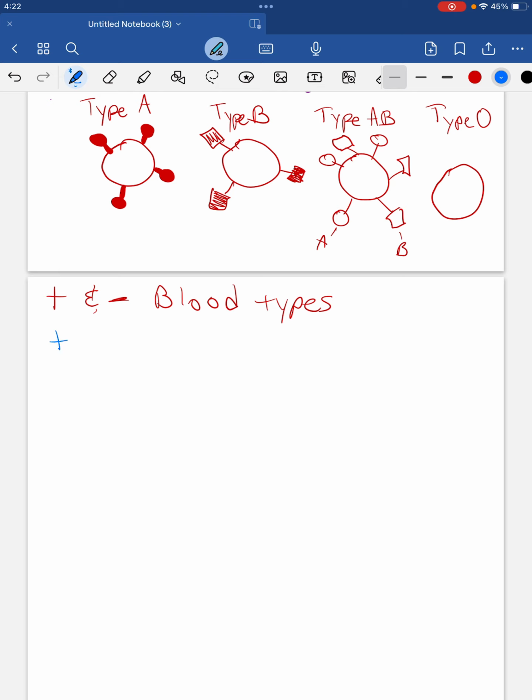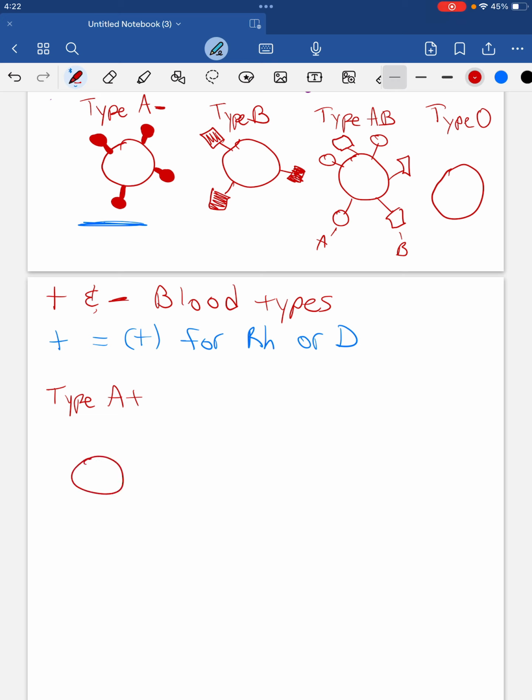A positive blood type means that you are positive for another antigen known as the Rh factor, or sometimes a D antigen. If you're type A, you look like what I drew up here. This one I drew up there is a negative. It doesn't have anything else.